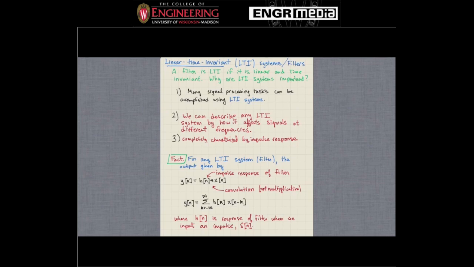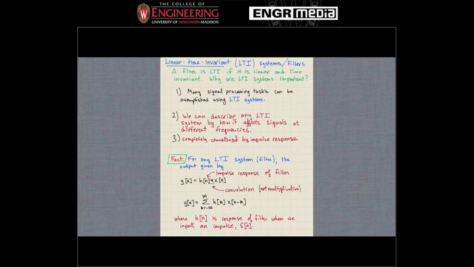And lastly, another way we can completely characterize the system is by its impulse response. Again, we saw this last time, but I'll just state this as a fact: for any LTI system, any filter, the output can be written as the convolution, denoted by this star symbol here, between the impulse response of the filter and the input signal.